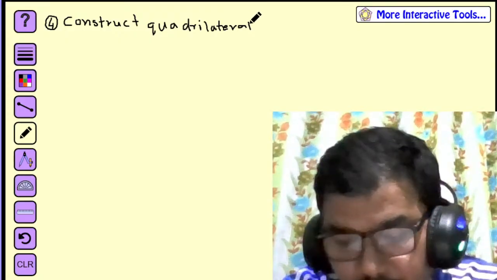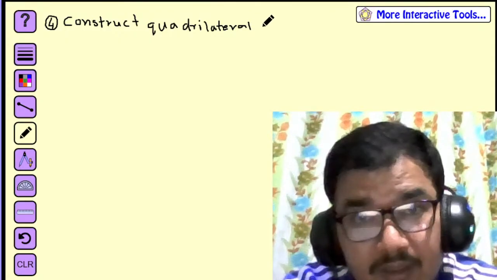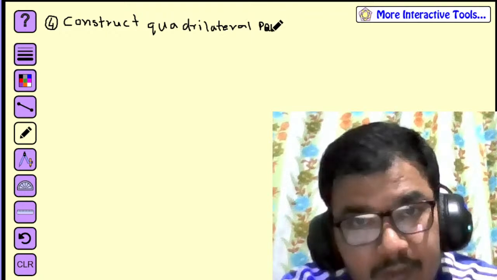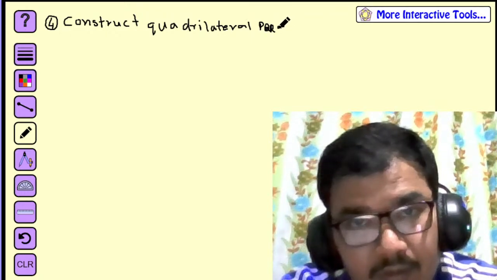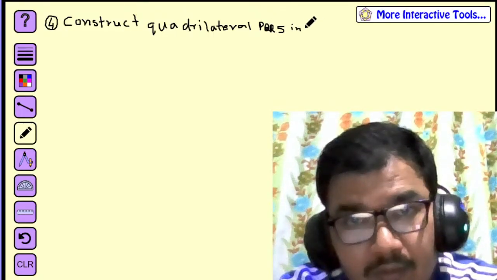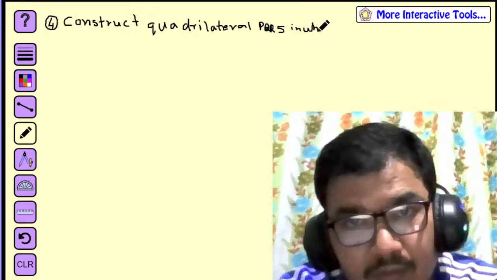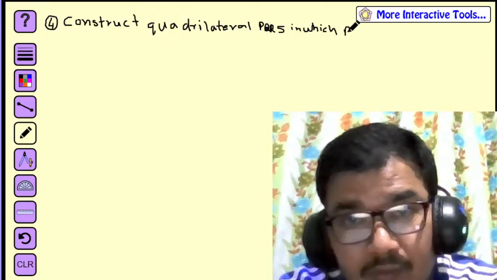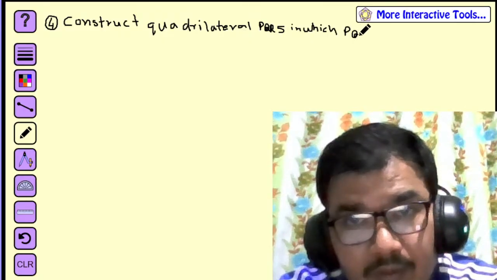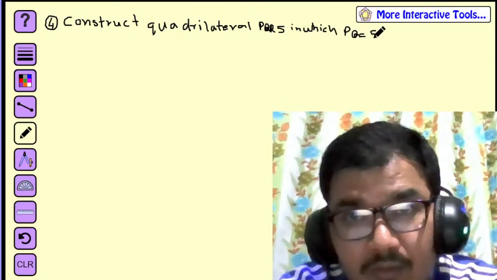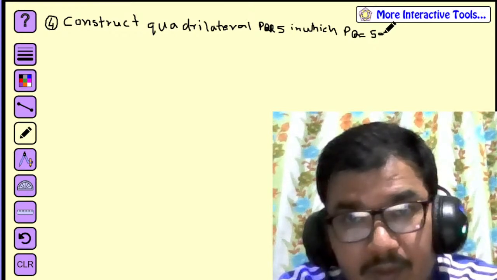Construct quadrilateral, name is PQRS, in which PQ is given there, 5 centimeter.